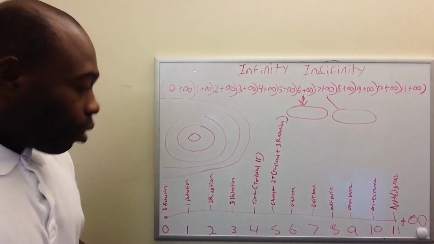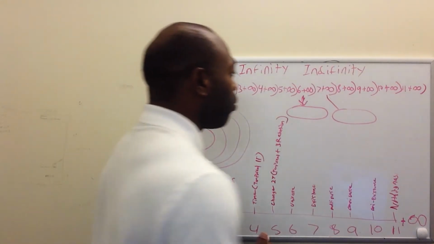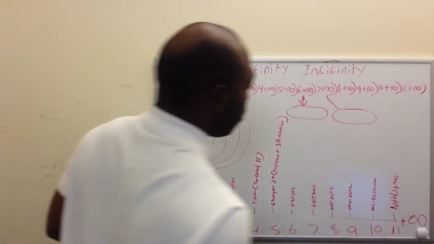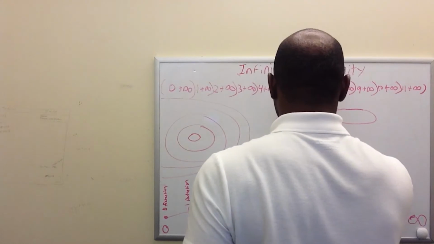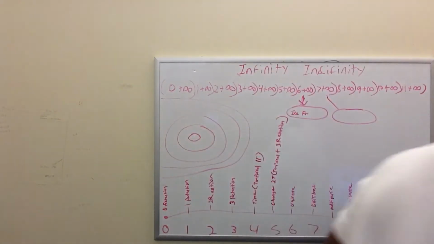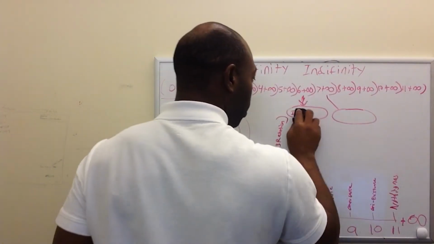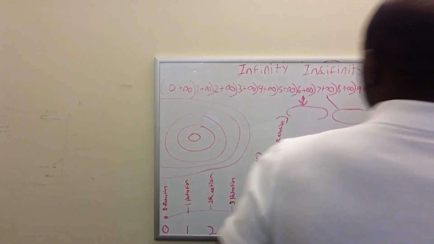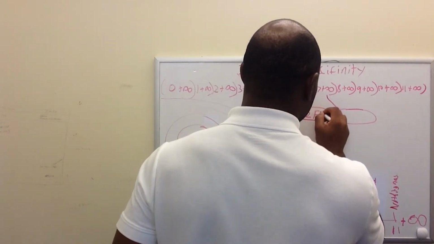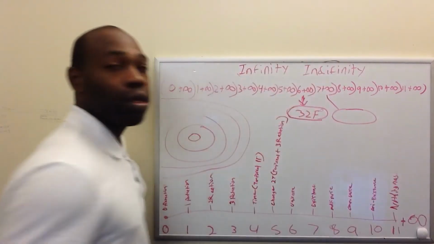So the way I was explaining how interdimensional travel would work to my uncle was like this. Ice freezes. You can't read that, so I'll just say it verbally. Ice freezes at 32 degrees Fahrenheit, right?